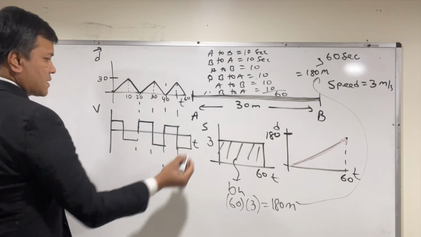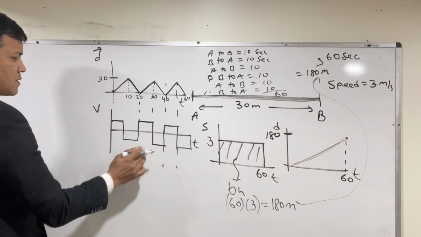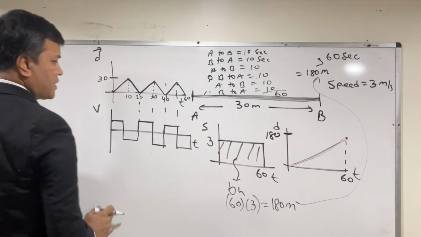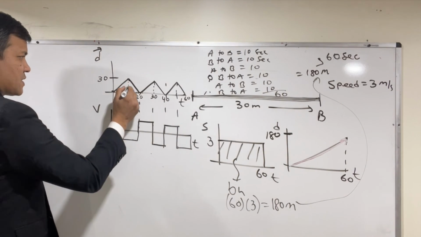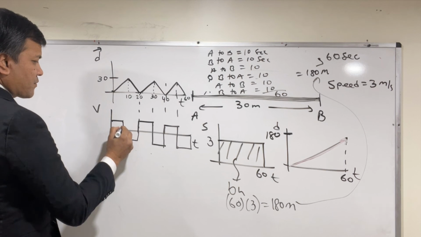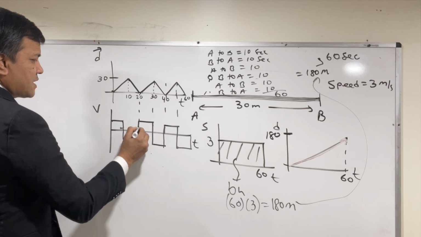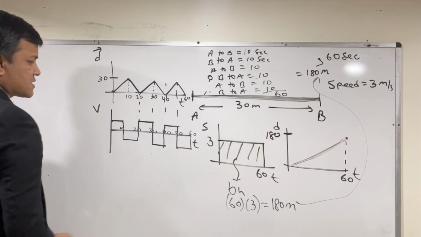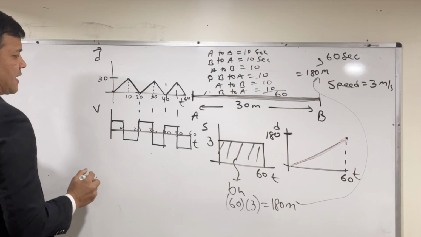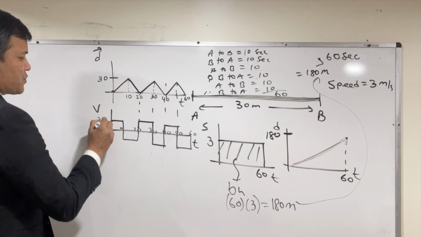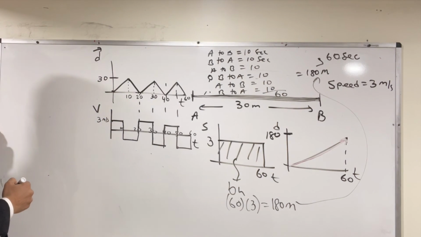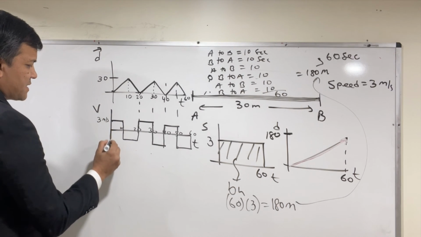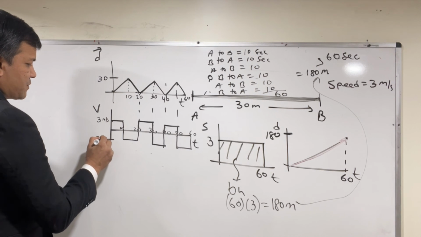That's it. So now let's put the time, right? This is 10, this is 20, 30, 40, 50, and then this is 60 seconds. And of course this is 3 meters per second. And then this has to be negative 3 meters per second.